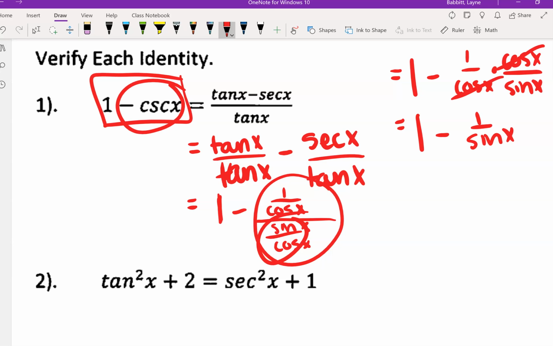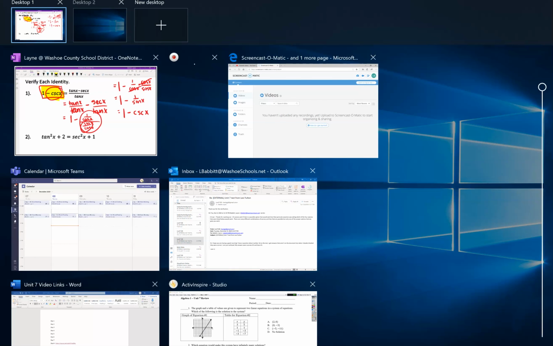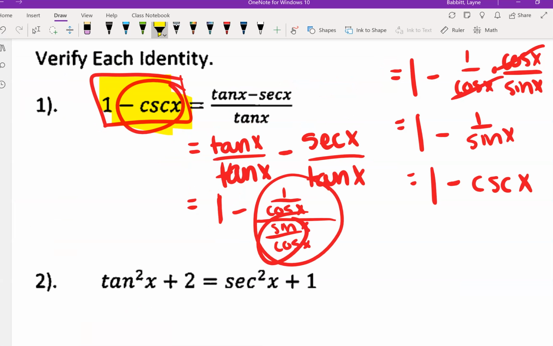I'm supposed to have 1 minus cosecant. I have 1 minus 1 over sine. Well, remember, 1 over sine is the same as cosecant. So 1 minus cosecant x. Now that what I had on the left equals what I was able to reduce the other side to, I'm good to go.